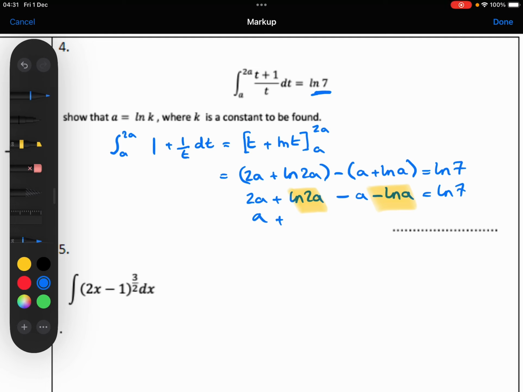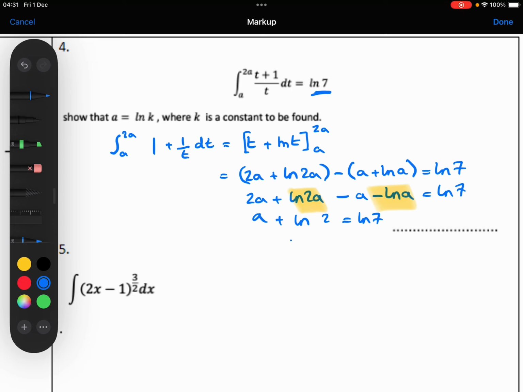We can use laws of logarithms to simplify that as ln of 2a divided by a. And now we can see that those a's are going to cancel out and just be ln 2 equals the ln 7.